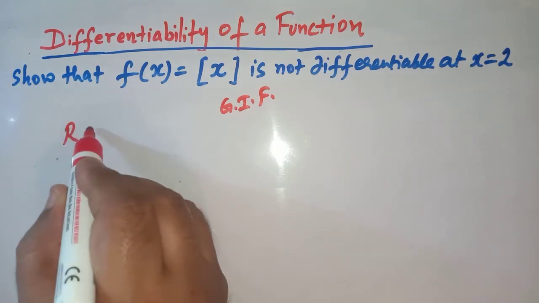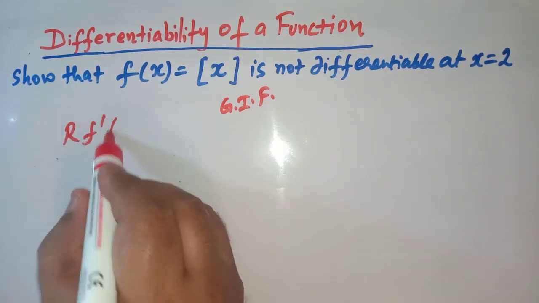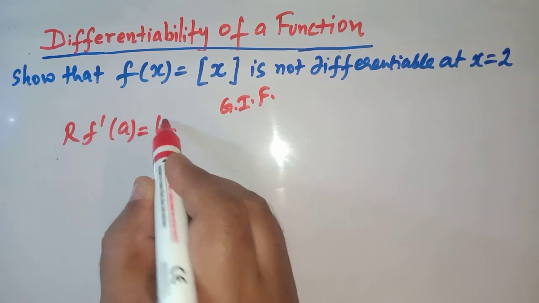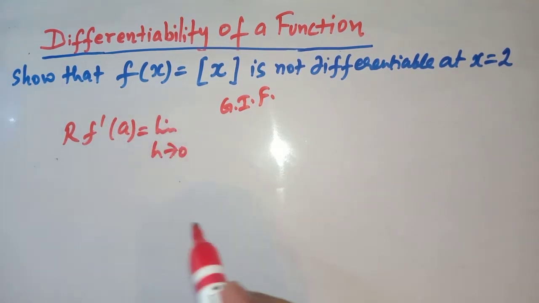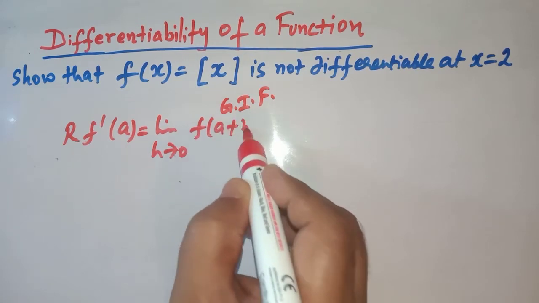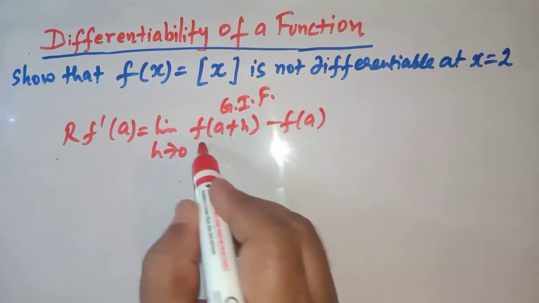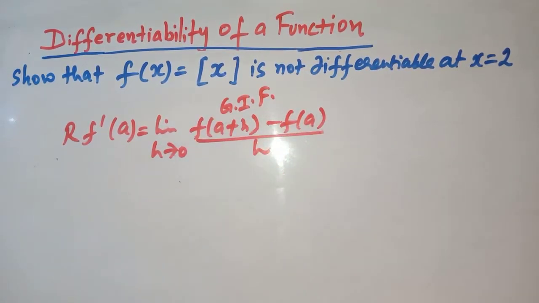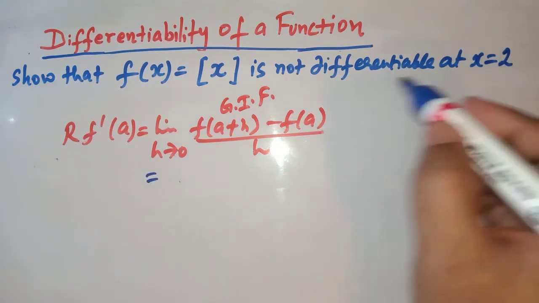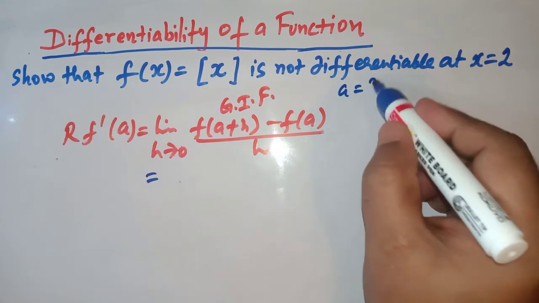We will first find the right hand derivative, which is f prime of a equals limit h tends to 0 of f(a plus h) minus f(a) over h. Now the value of a is here 2.